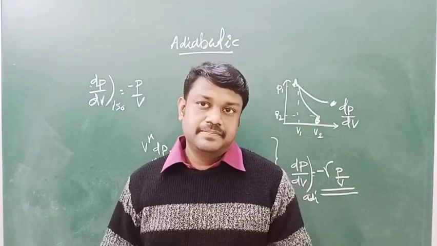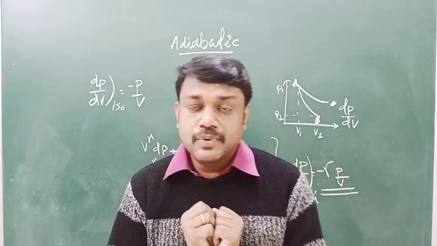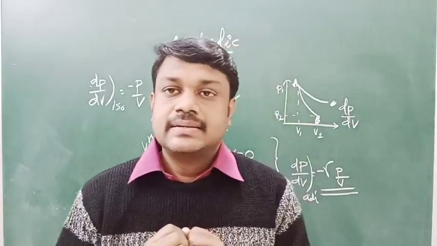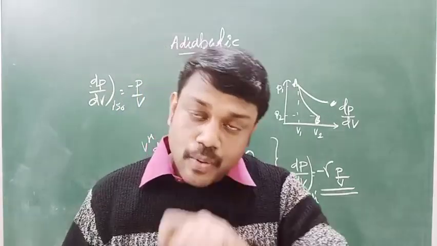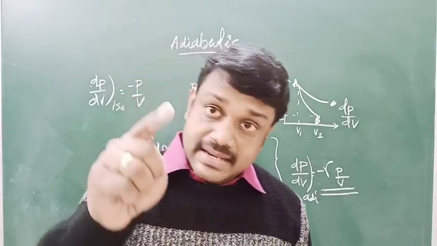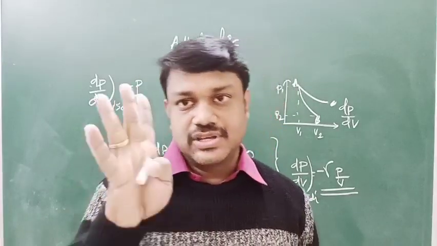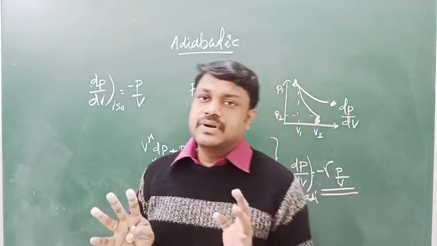So when an isothermal process happens, since it is a slow process and the temperature remains constant, its internal energy will not change, because for an ideal gas, internal energy depends upon its temperature.